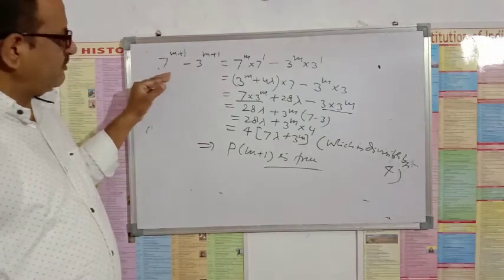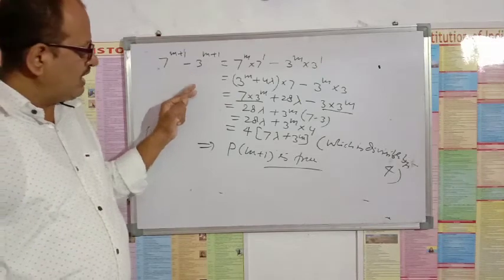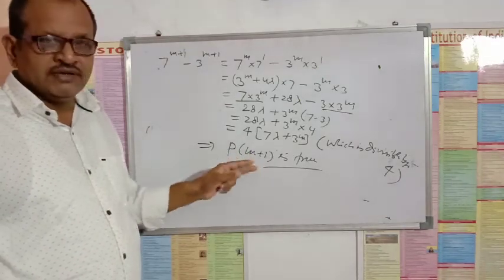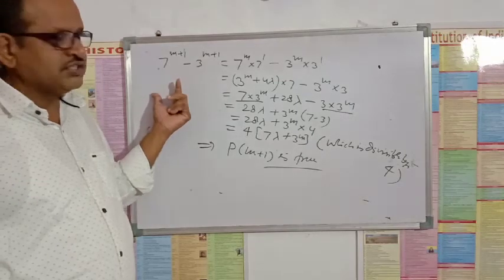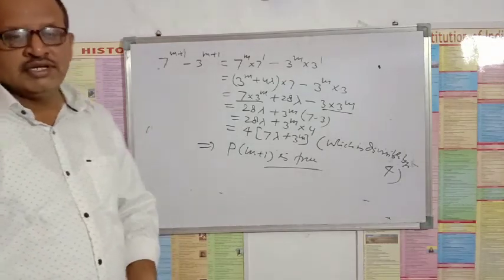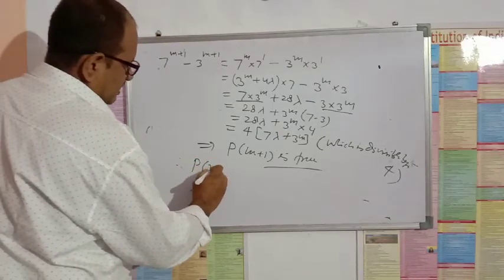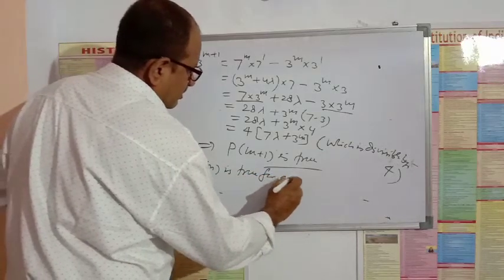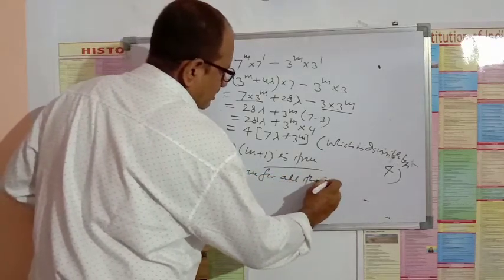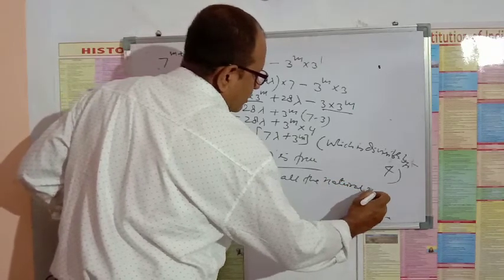After that we prove that it is true for m plus 1. And when it is true for m plus 1, we can say that by the principle of mathematical induction, the given statement is true for all the natural numbers. So therefore Pn is true for all the natural numbers.